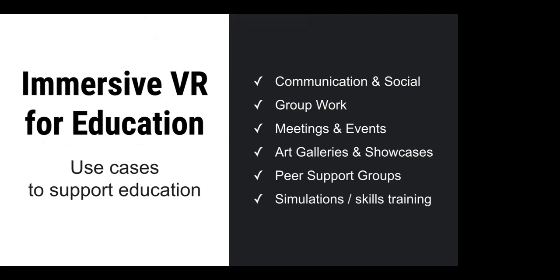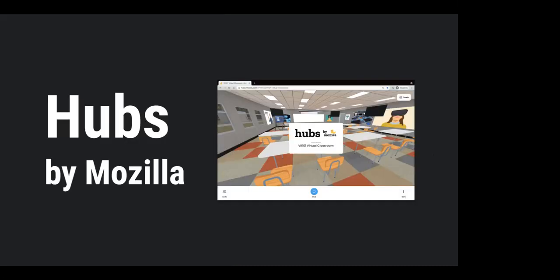I've seen some really great examples of art galleries and showcases in Hubs. You can do peer support groups. There's a benefit to mental health by interacting with people using a customized avatar, and also simulations and skills training. Those are things that you can do in Hubs.